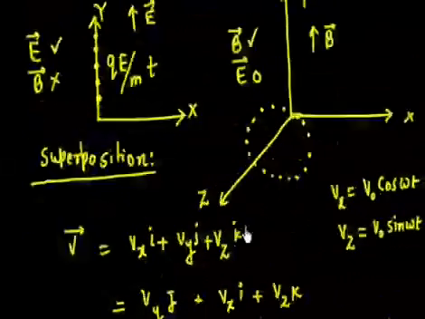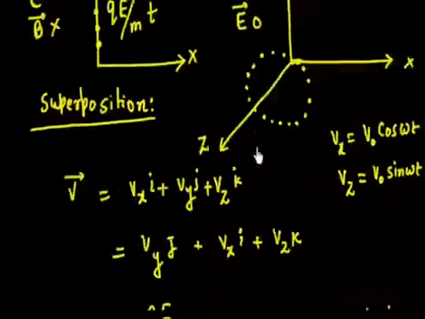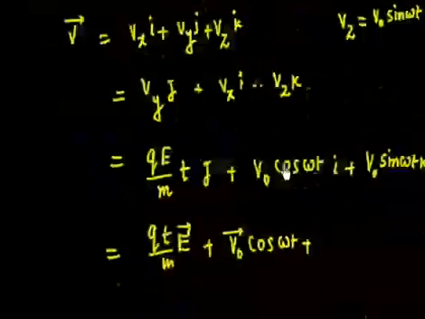What is the k vector? You have v naught and B, so v naught cross B is along k, the z direction. So you can say v naught cross B is along the k vector.